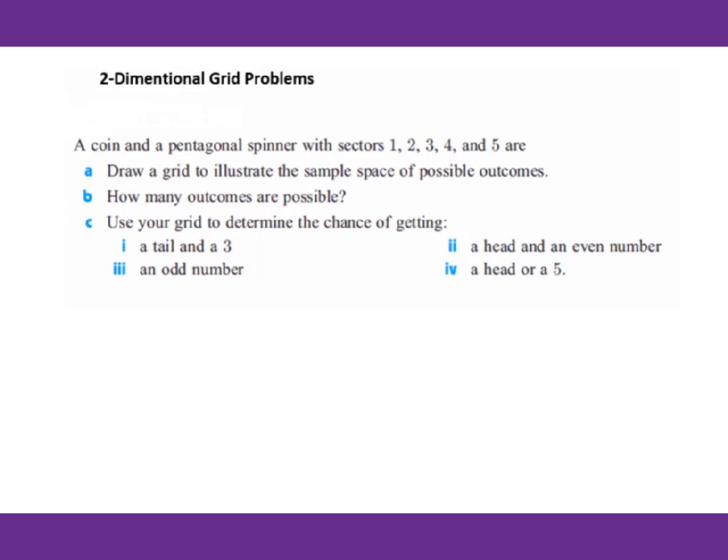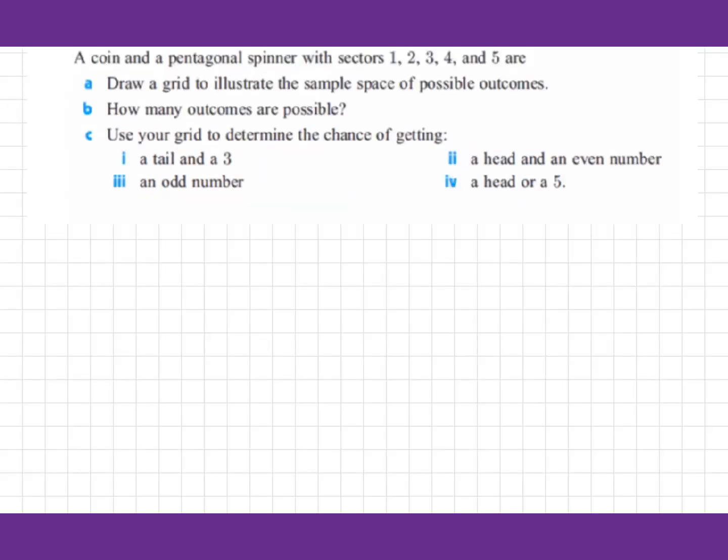Let's go to two-dimensional grid problems. A coin and a pentagon spinner with the sectors 1, 2, 3, 4, and 5. A. Draw a grid to illustrate the sample space of possible outcomes. As we know, Pentagon has sections 1, 2, 3, 4, 5. So I will draw and label as 1, 2, 3, 4, 5.